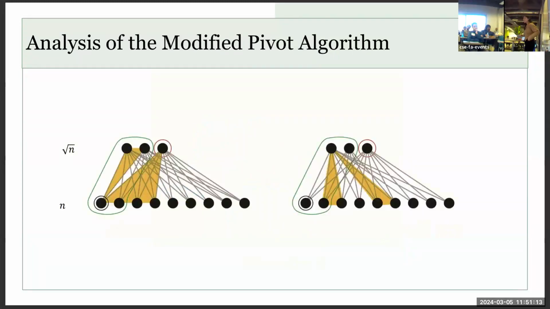I'm going to talk about an example where the analysis of the modified pivot algorithm could be a bit complicated. So imagine that the complete bipartite graph has root n vertices on the top and n vertices on the bottom, and then we could charge all of the triangles that we already charged from the pivot algorithm.